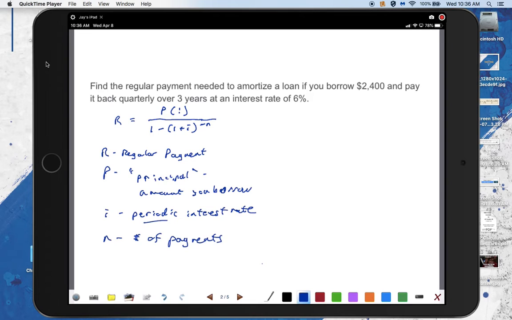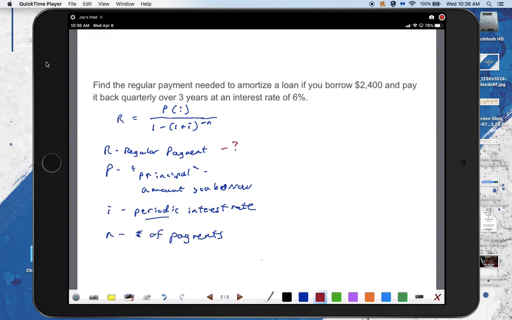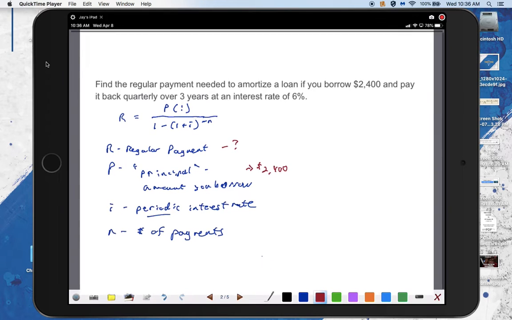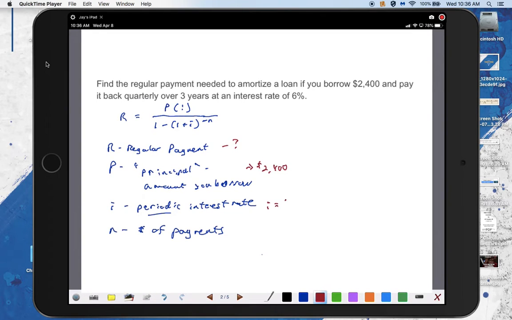Okay, so let's kind of fill in some information from this and see if we can come up with how we find this out. Now, the regular payment, that's something you're trying to find here, so we'll use the formula to do that. The principal in this case for this problem is going to be $2,400. That's how much money you borrow. Your periodic rate is your annual rate of 0.06. But since we are paying quarterly, you're going to divide that by 4.